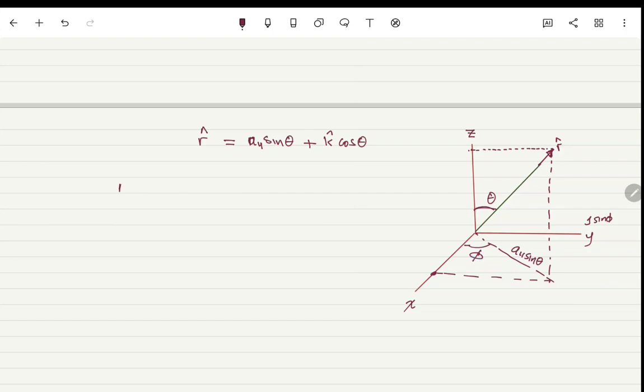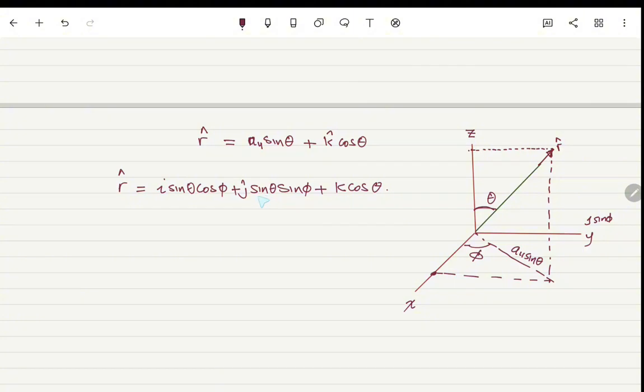So r hat is actually equal to i hat sine theta cosine phi plus j hat sine theta sine phi plus k hat cosine theta. Remember, this one here is the intercept with the z-axis.